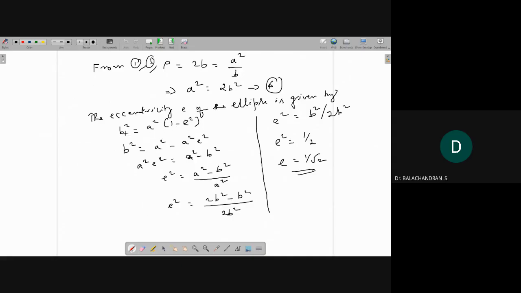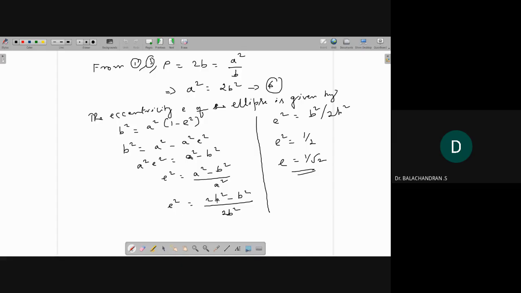From this b square equal to a square minus a square e square. Now just simplify, or you can rewrite like this: a square e square is equal to a square minus b square. From this e square equal to a square minus b square by a square. But we know that a square equal to 2b square. So replace a square by 2b square.